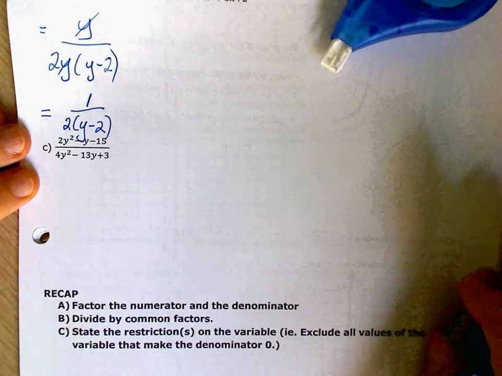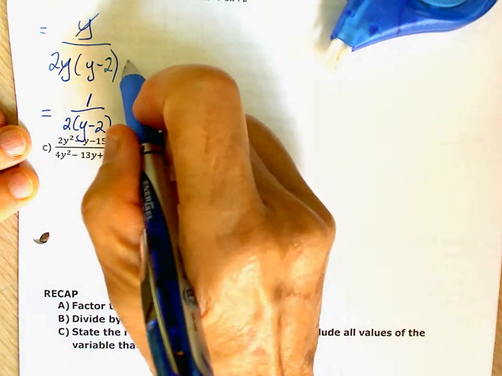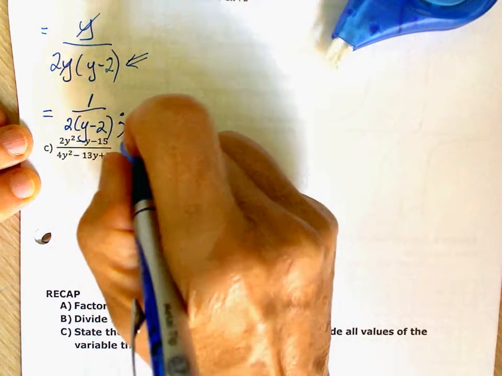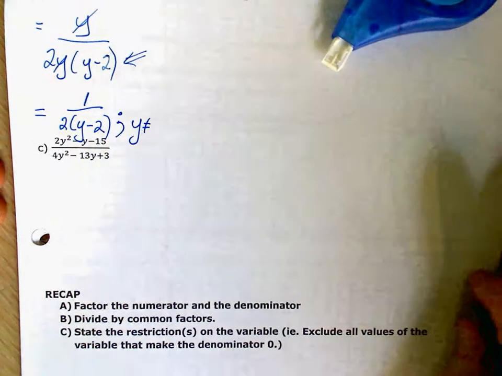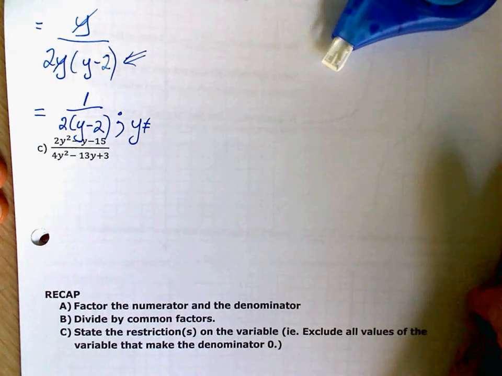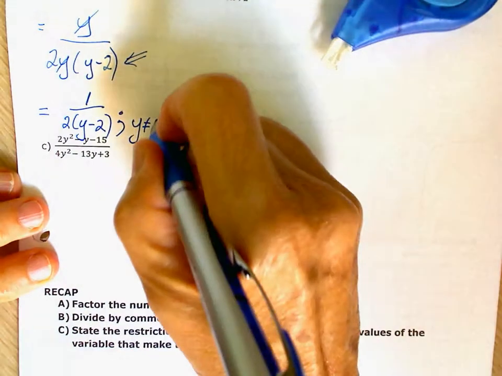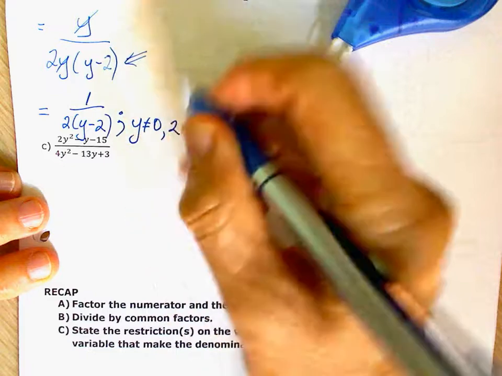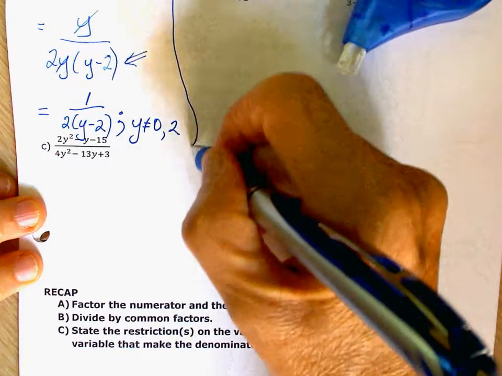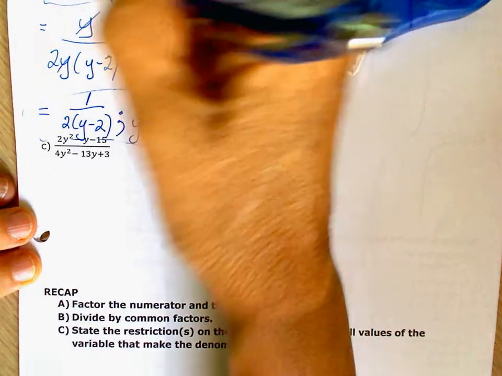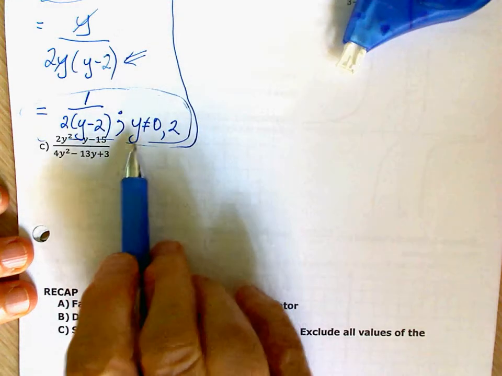So we have to look at this to state our restrictions. Can anybody tell me what the restrictions are? Y cannot be 0 and y cannot be 2. That's our equivalent expression. This is equivalent to this. We have to have the restriction in order for it to be equivalent.